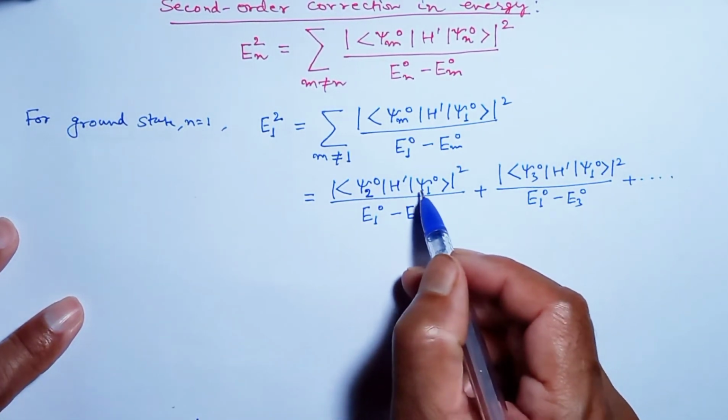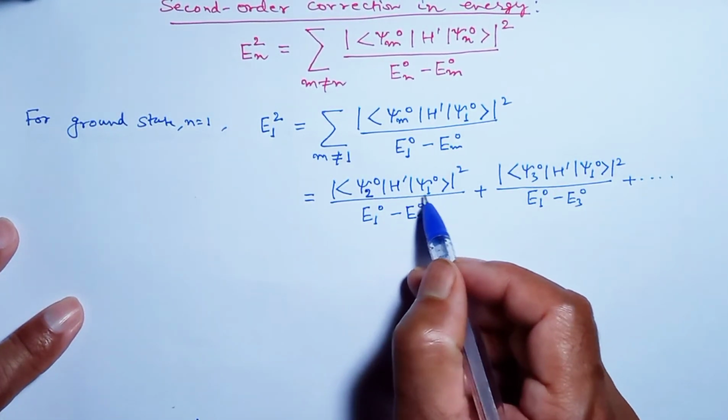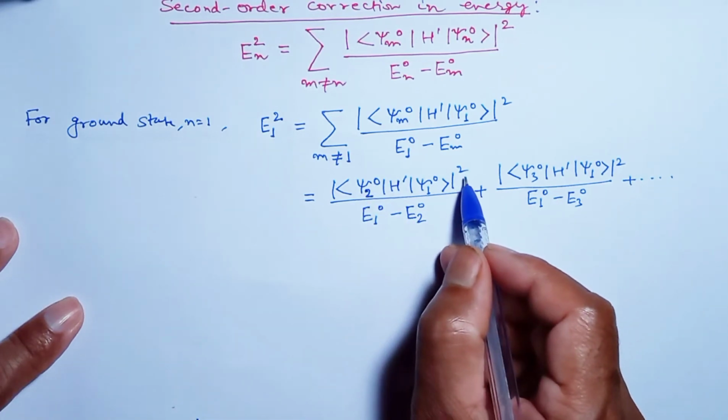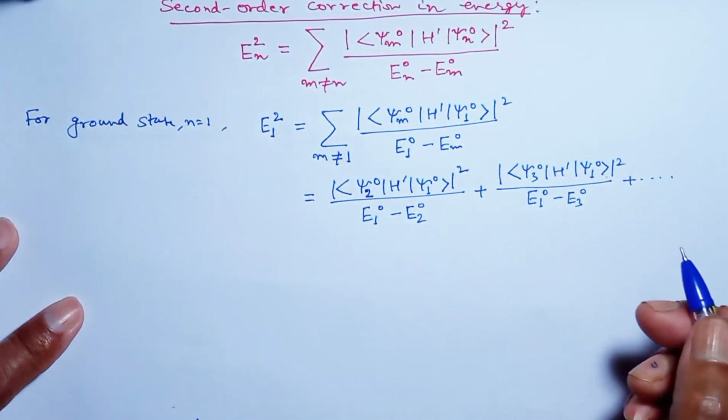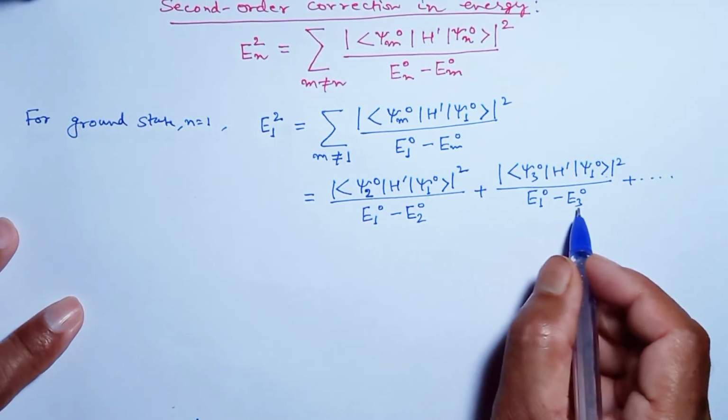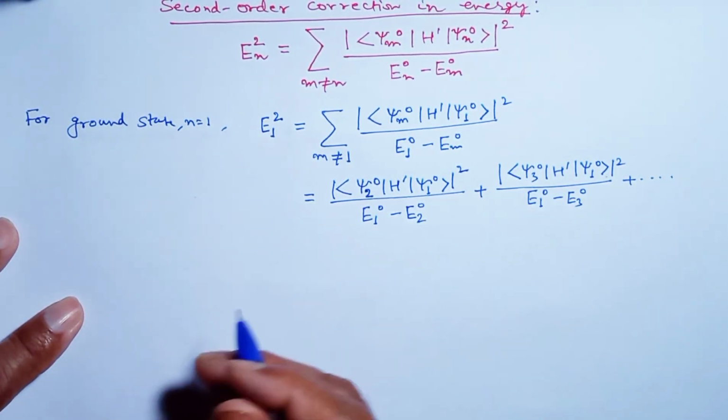Here we see that in all the terms the numerator is positive because it is a square of mod. So let us check the denominator.